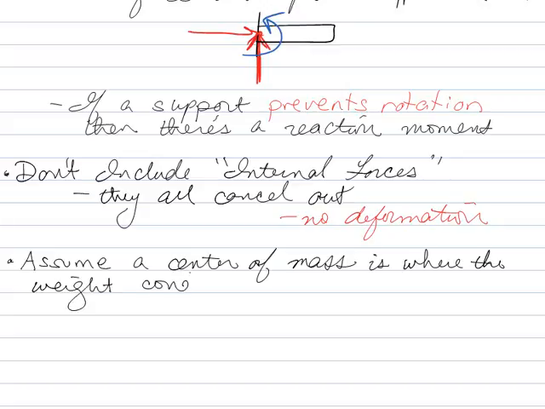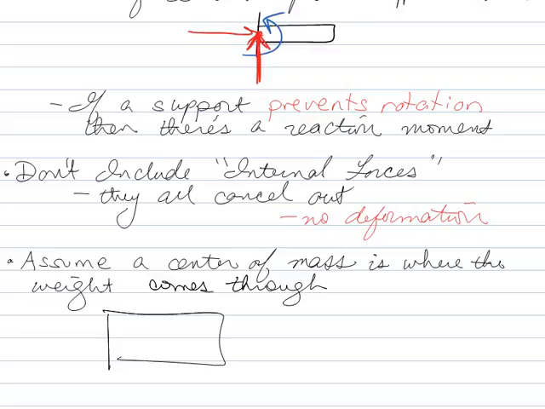We assume a center of mass where the weight comes through. Even though we might have a block like this, and in theory every single little mass particle in the whole block goes like this, we're not going to do that because it would be very annoying and entirely unnecessary. We're just going to assume that the weight occurs at the center of mass right there, mg, at the geometric center.